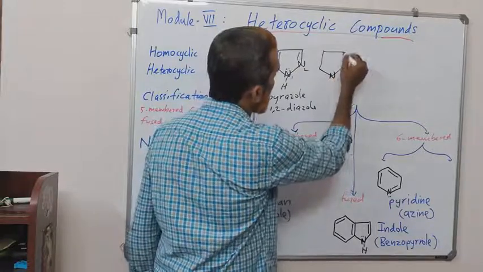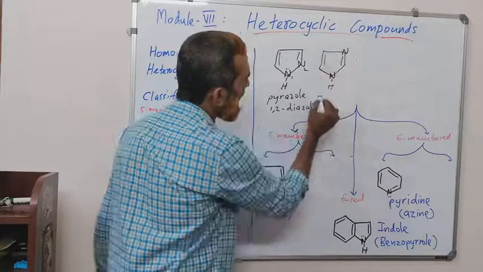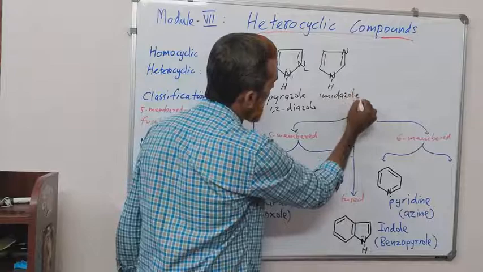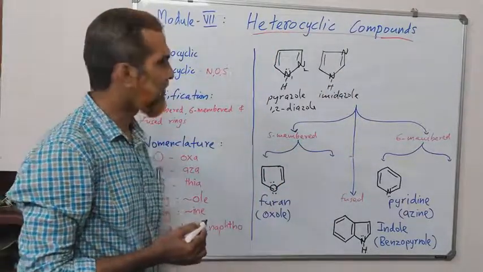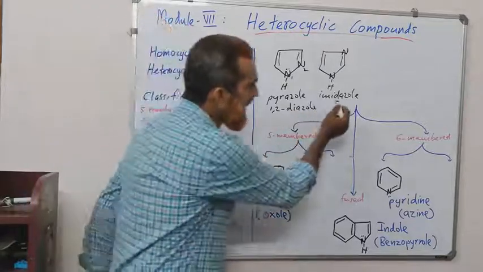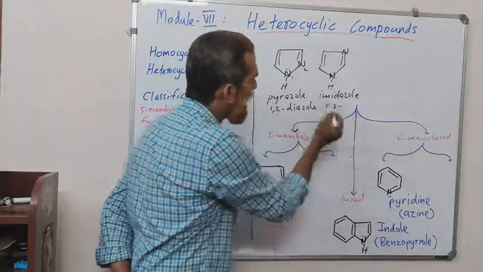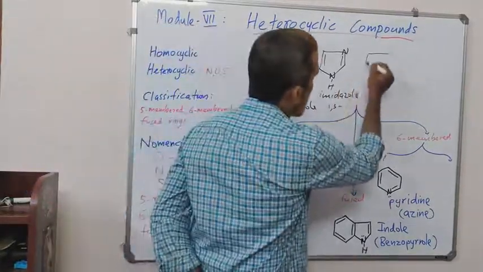Nitrogen can be here also, right? Then it is called imidazole. That's the common name, imidazole. So pyrazole, imidazole. What is the systematic name then? It will be 1 and 3, so 1,3-diazole.